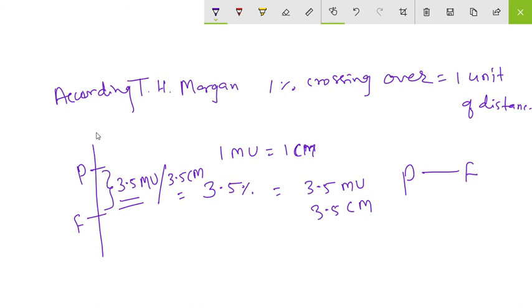So it gives 3.5% crossing over frequency. That means the distance between the purple and full is 3.5 Morgan unit, a unit given by the scientist T.H. Morgan, or 3.5 centimorgan. So it is the 2-point test cross.